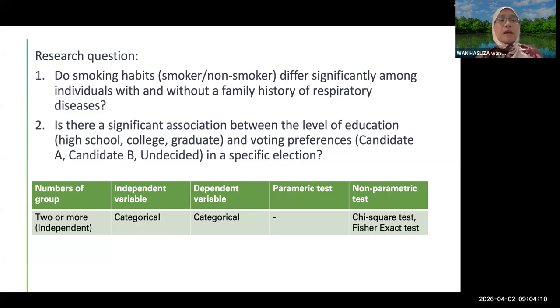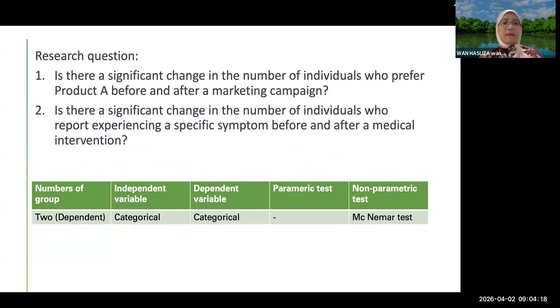There is a difference between two groups or three groups when your outcome is numerical data. Okay, next. Is there a significant change in the number of individuals who prefer product A before and after a marketing campaign? Of course, they want to see whether they prefer product A or not.